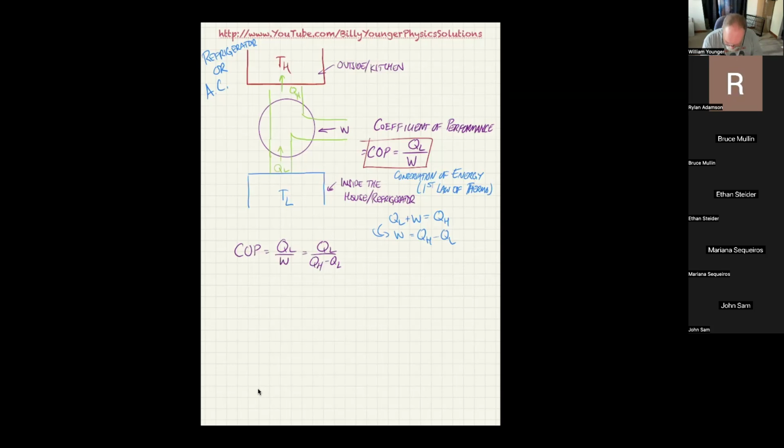And if you take a Carnot version, then you get COP Carnot is equal to TL over TH minus TL.